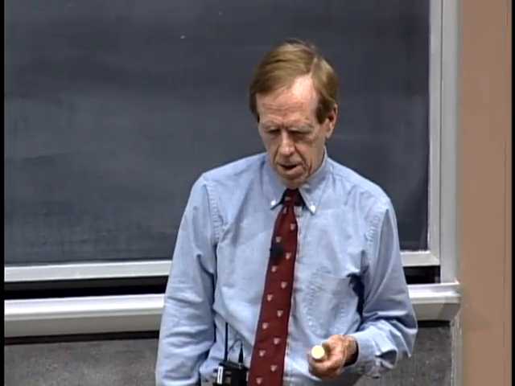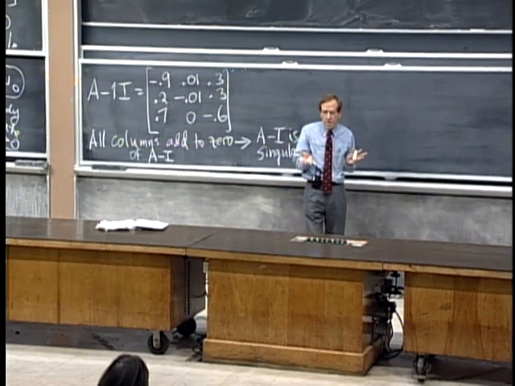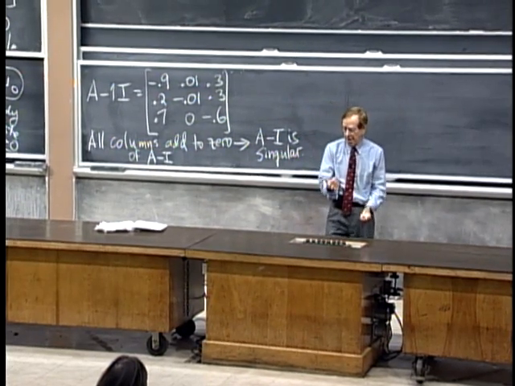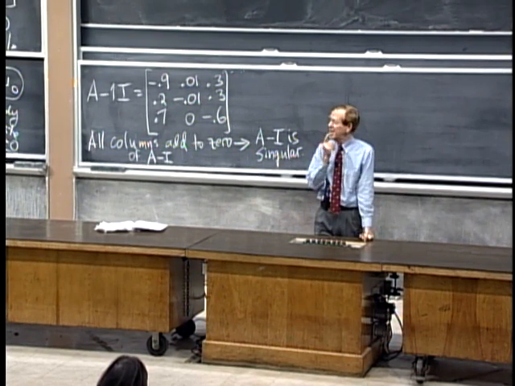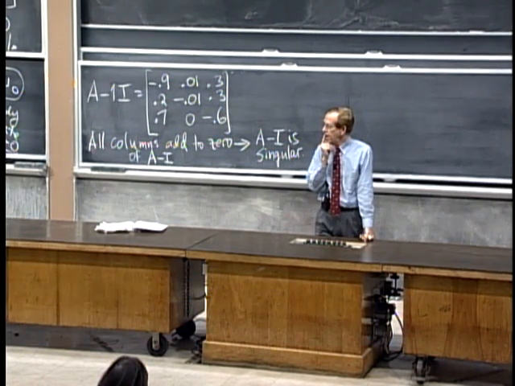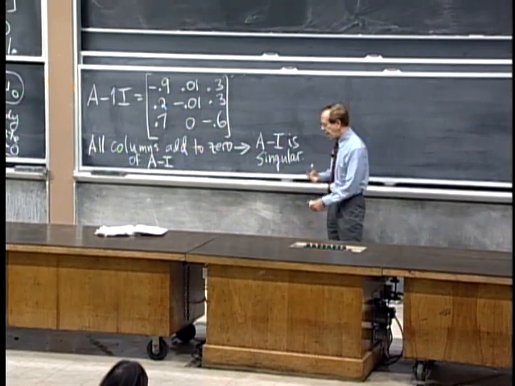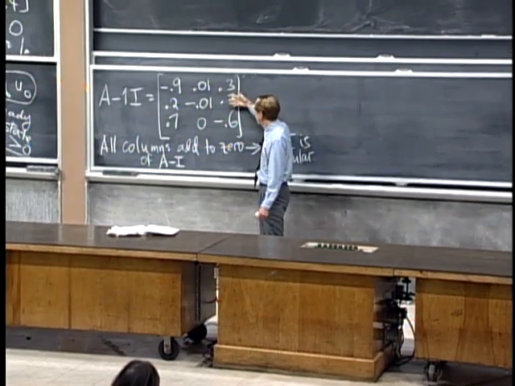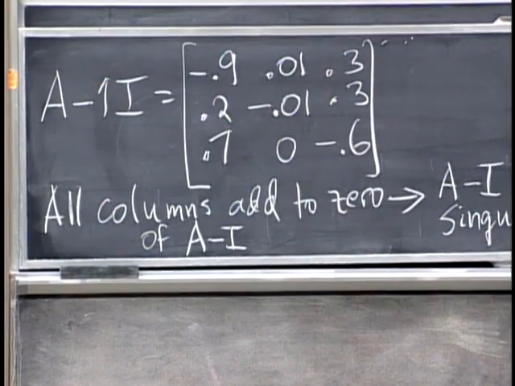Let's see. Well, actually, another thing I would like to be able to show is that the rows are dependent. Maybe that's easier. If I know that all the columns add to 0, that's my information, how do I see that those 3 rows are linearly dependent?